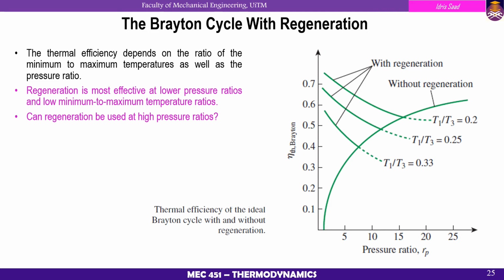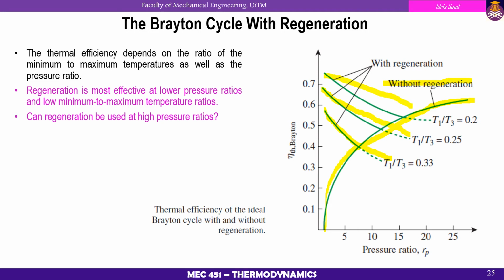As you can see on this graph, this is the normal thermal efficiency of the Brayton cycle without regeneration. However, when we use regeneration, the efficiency line will become like this. So this is with regeneration.